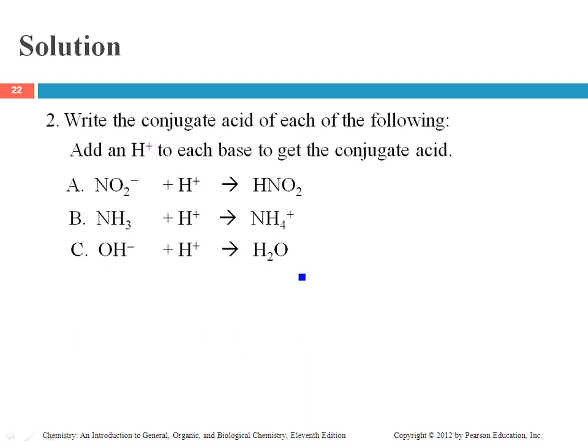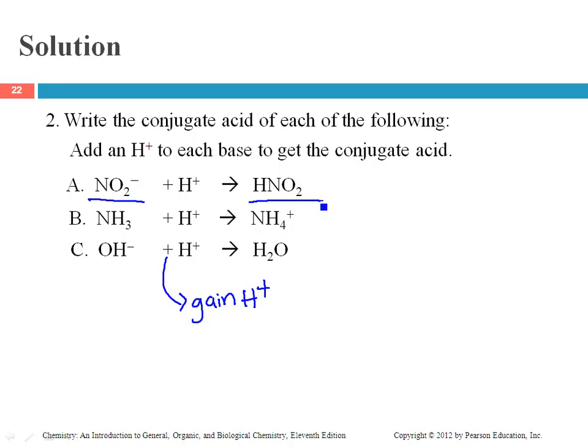Okay, now we have bases, and we're going to write out the conjugate acid. So a base is going to gain a proton. Our polyatomic ion here is going to gain a hydrogen, and it's going to become this compound here with the hydrogen bonded to the nitrogen and 2 oxygens.